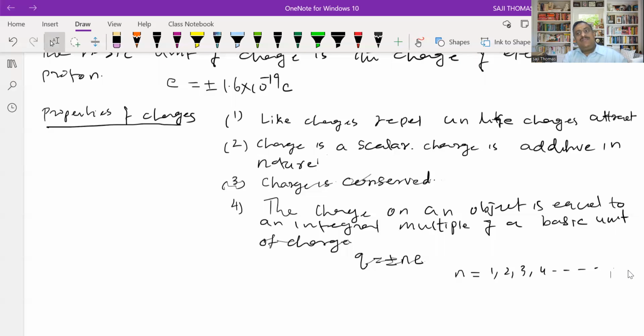What will happen if the charges are in very large amount, say millions or billions of charges? Then you will see that the charges are very, very close. The charge of one electron is very small and they are very close. They will appear continuous on the object. So charges will lose their grainy nature.